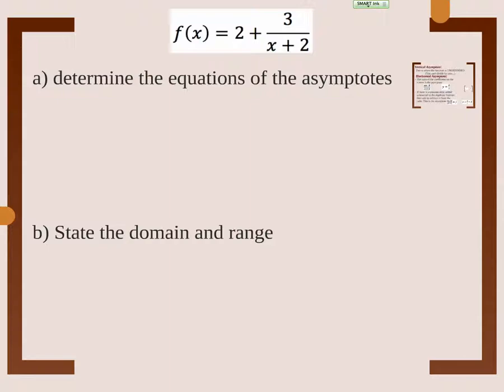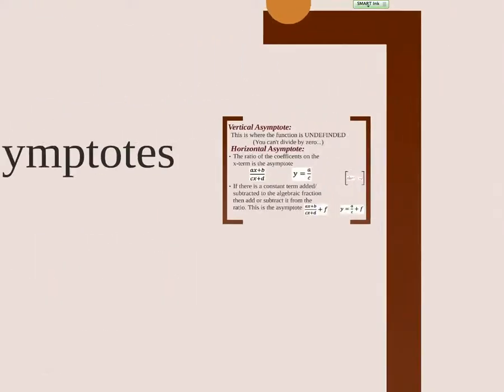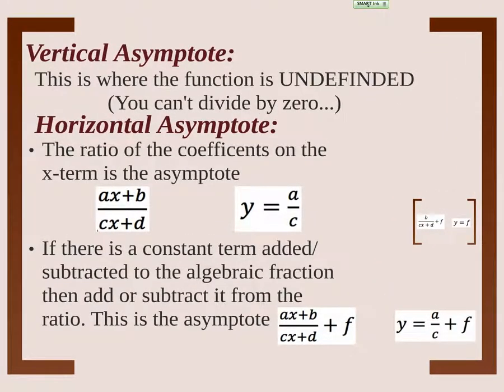Before we actually do this, I want to zoom in on my little piece here that explains how to find the asymptotes. Vertical we've already been doing, but horizontal is something new, so we're going to take a look at that. The vertical asymptotes are where that function is undefined. Remember, you can't divide by 0.